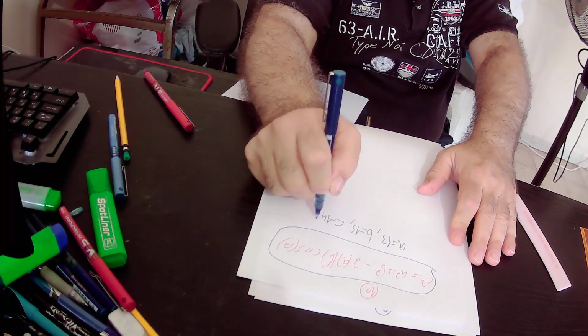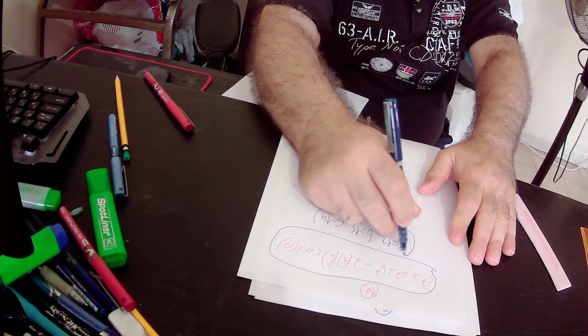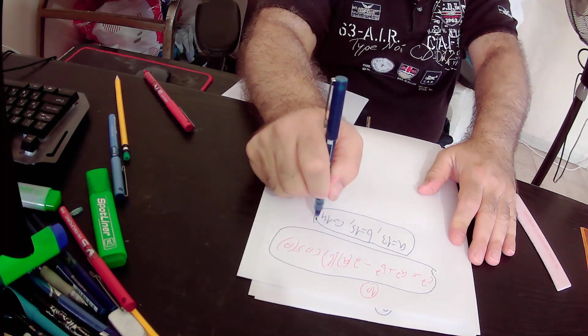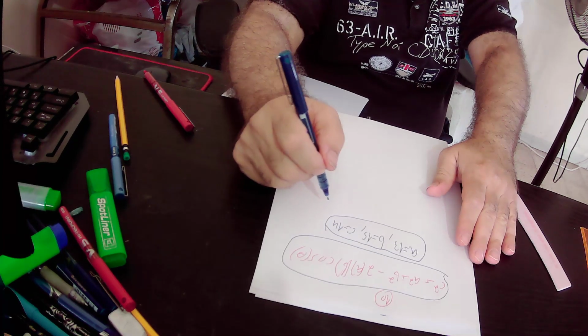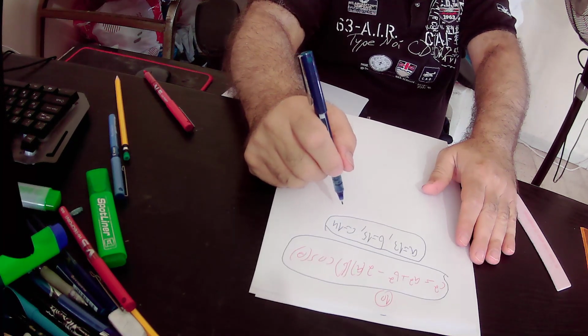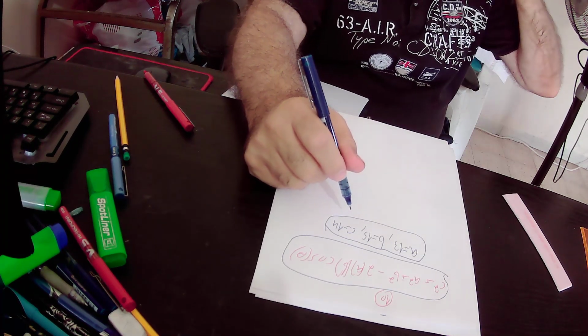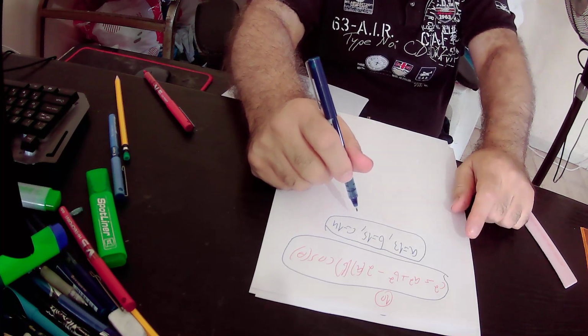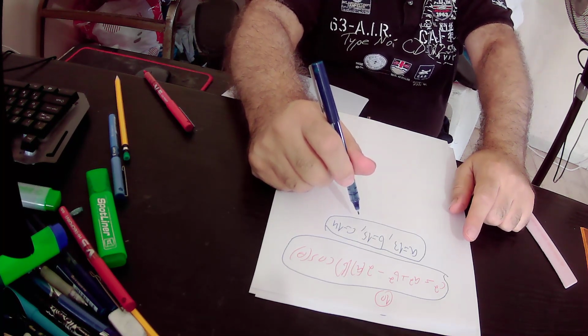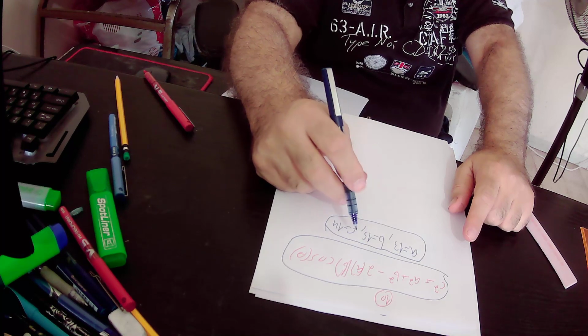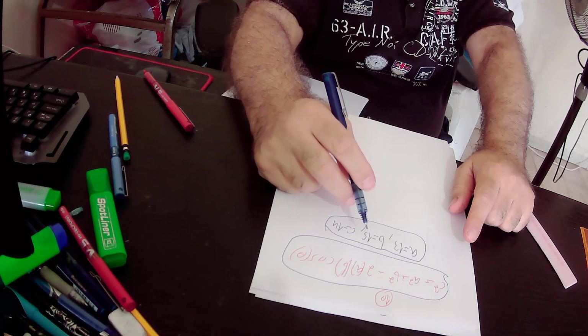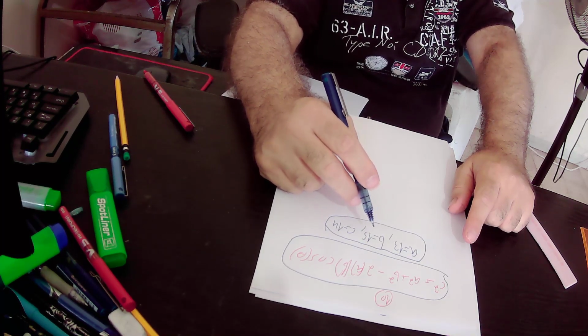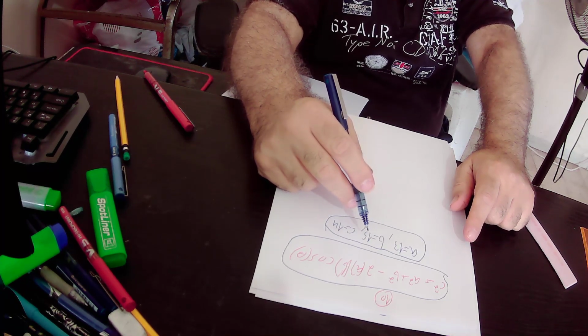Okay, so C squared will be equal to... we can substitute C by 14, A by 13, and B by 15, but I will do it shortly.